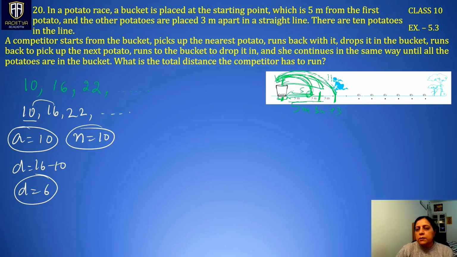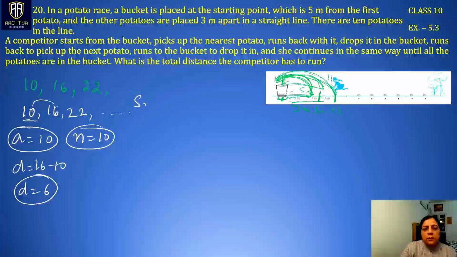First term of the sequence is 5. Since we have to double the distance, it becomes 10. So the first term is 10, the other one is at 8 meters, so the distance becomes 16, and so on. We have to find the total distance she has covered in finishing this whole process.